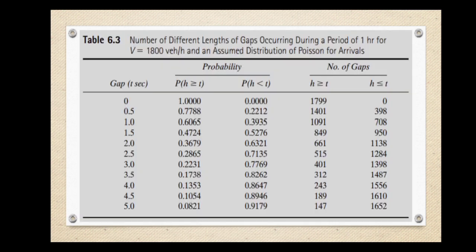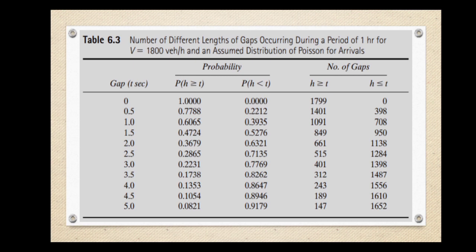The expected number of occurrences of different gaps T for the various previous examples have been calculated and are shown in table 6.3: the number of different lengths of gaps occurring during a period of 1 hour for V equal to 1,800 vehicles per hour and an assumed Poisson distribution for arrivals.